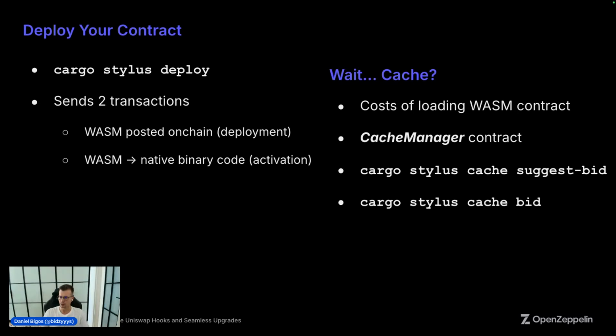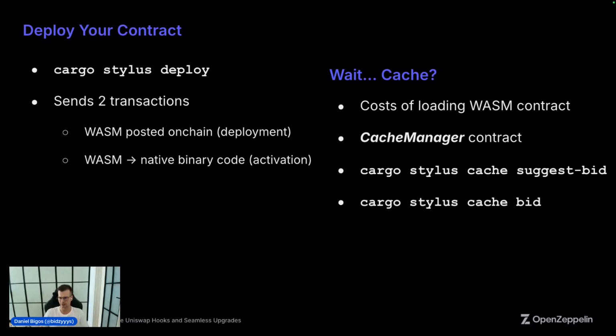Right now, I need to mention a term that may sound weird, and the term is cache. The initial problem is that the time needed to load a WASM binary from hard disk into the virtual machine takes some time. It costs some gas. So in order to reduce the time and of course gas fees, Offchain Labs, the team behind the Stylus SDK, brought up a solution called Cache.